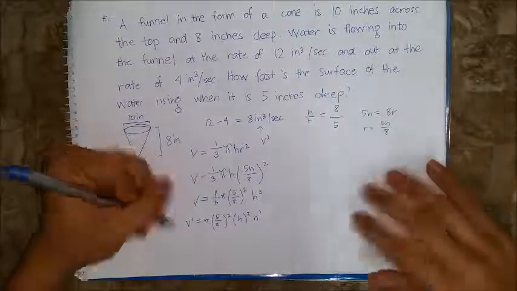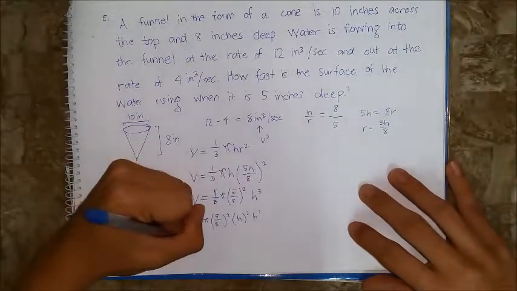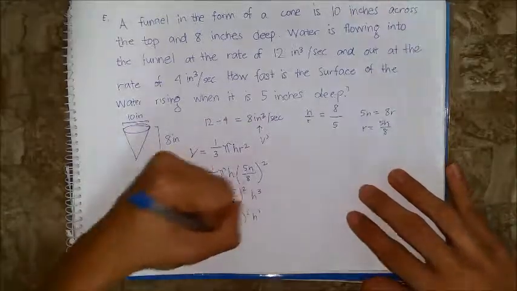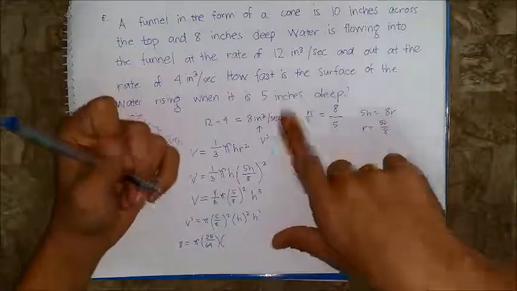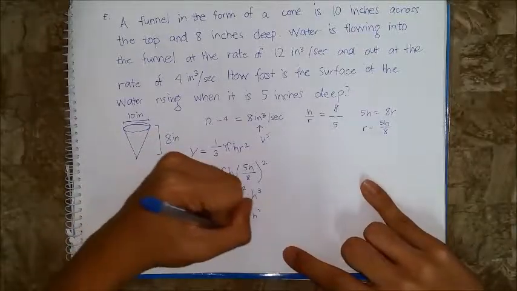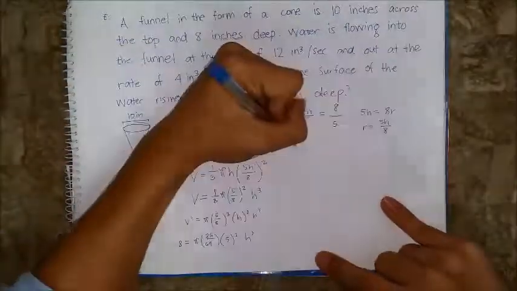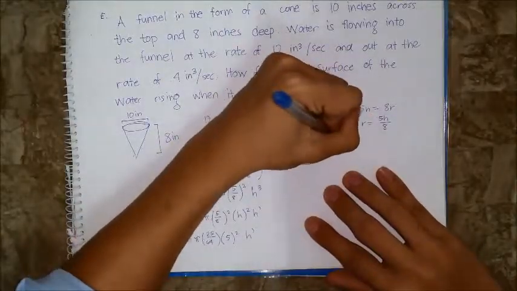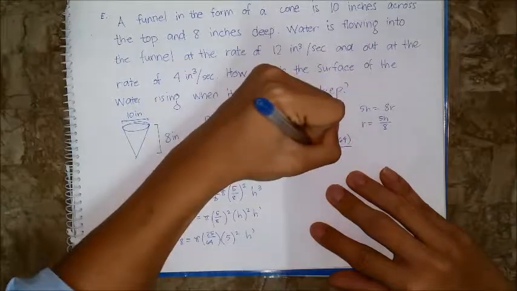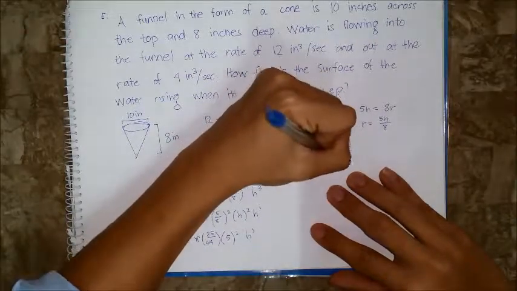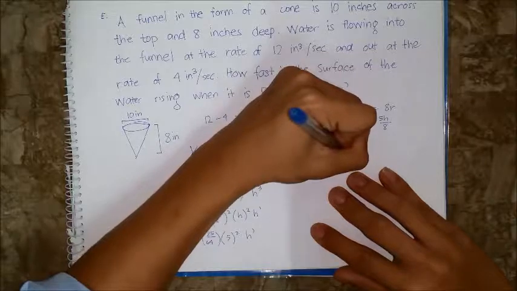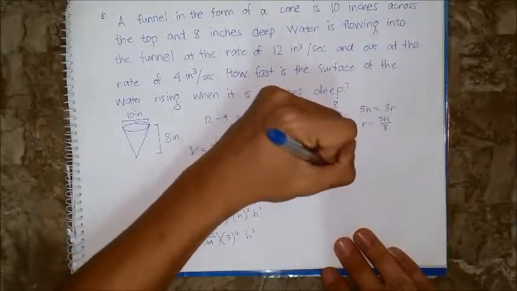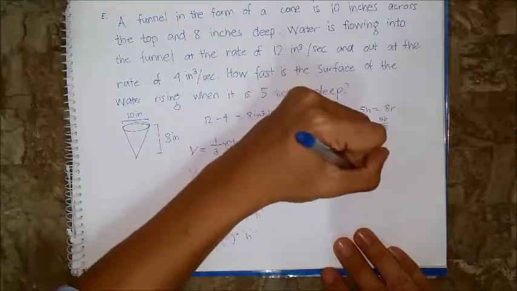Then we substitute the values even further. 8 is equal to pi times 25 over 64 times, and our h here is 5 inches deep, so it's 5 squared times h prime. So h prime is equal to 8 times 64 divided by pi times 25 times another 25, and what we end up with here is 0.26 inches per second.